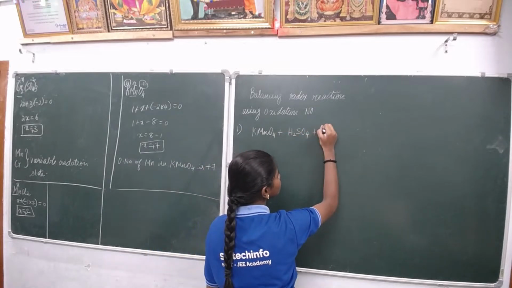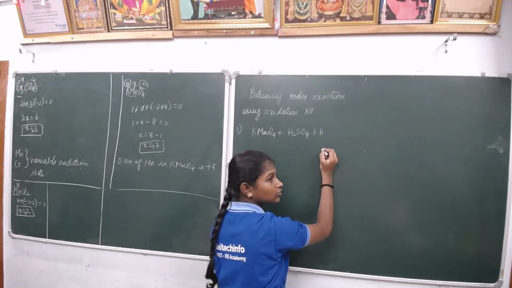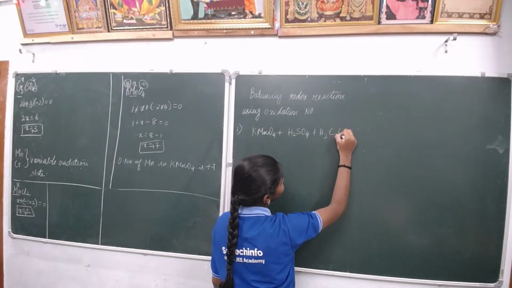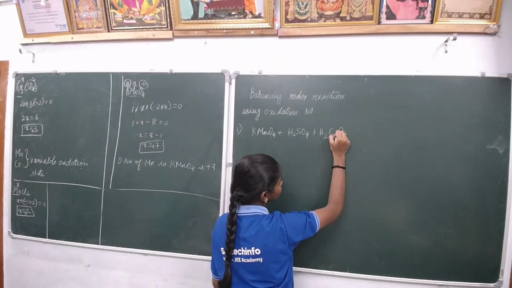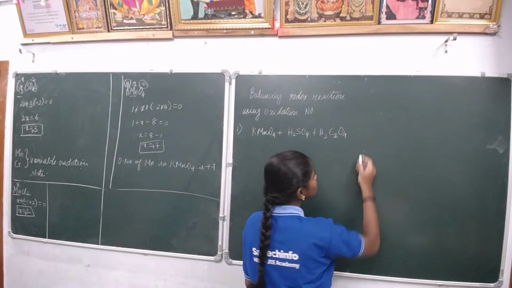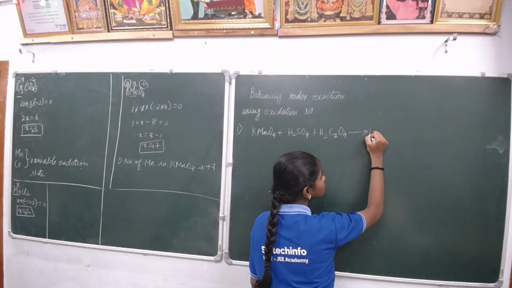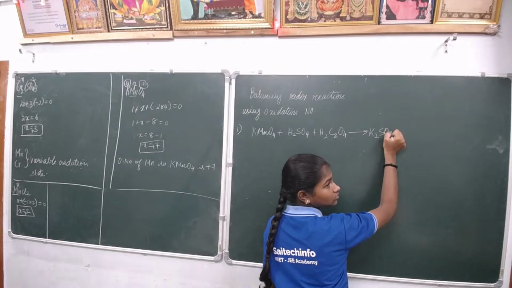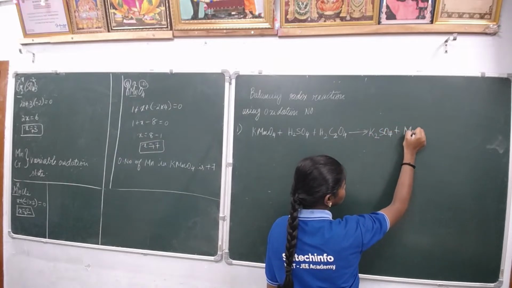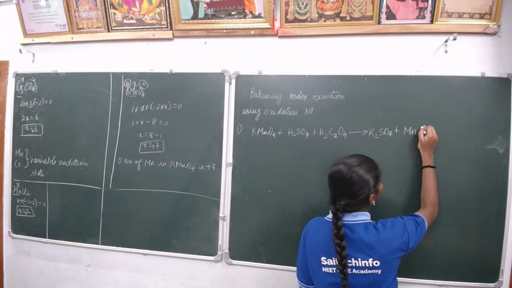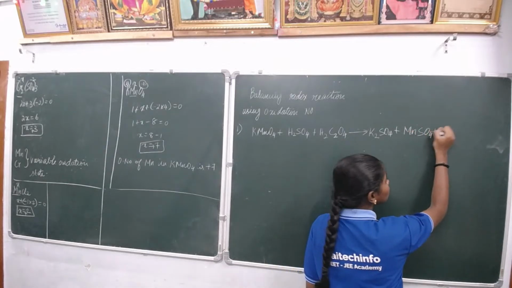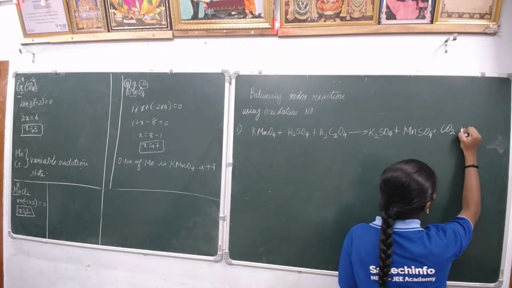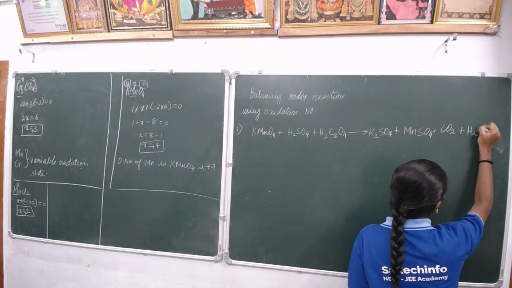So that gives K2SO4 plus MnSO4 plus CO2 plus H2O. So we can apply the oxidation number technique to balance this redox reaction.